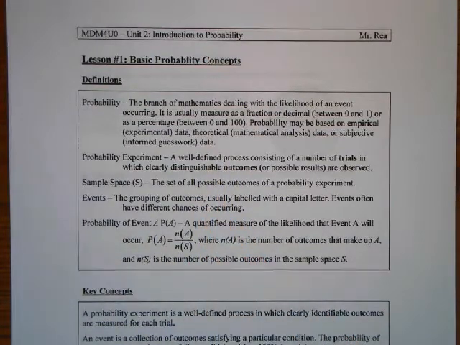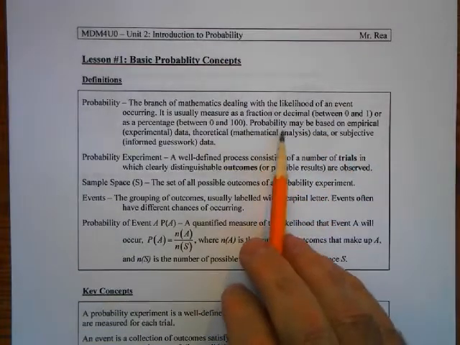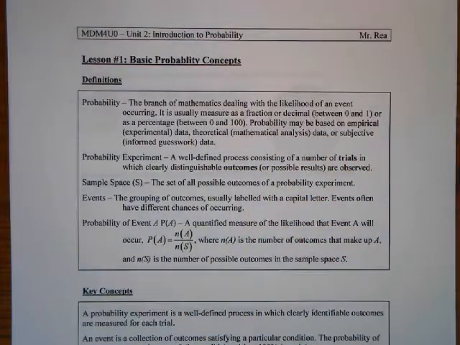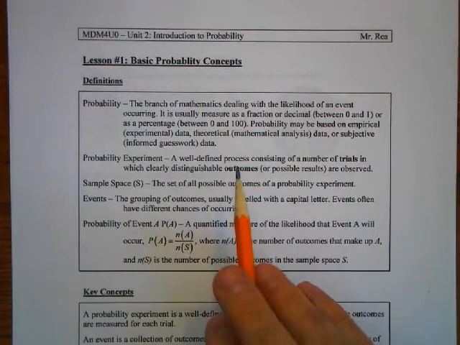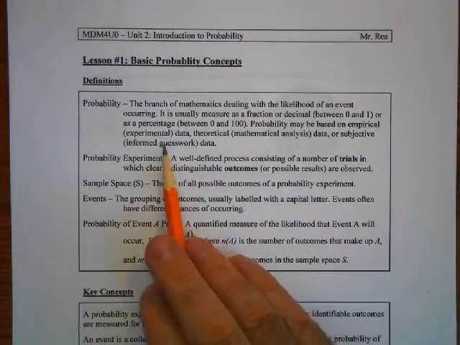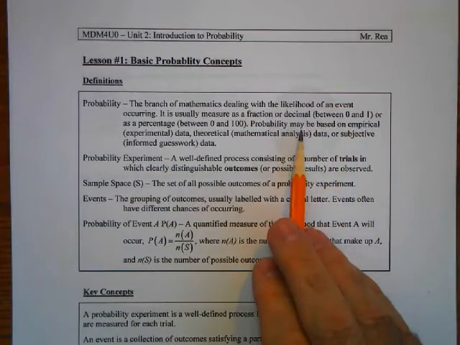Now, a lot of these things I'm going to talk about in a second, but I want to start with there's 3 ways of actually determining probability of something happening. So the first way is experimental, which is also another word for that is empirical. So you actually conduct an experiment, and I'm going to give an example of how that works in just a few seconds.